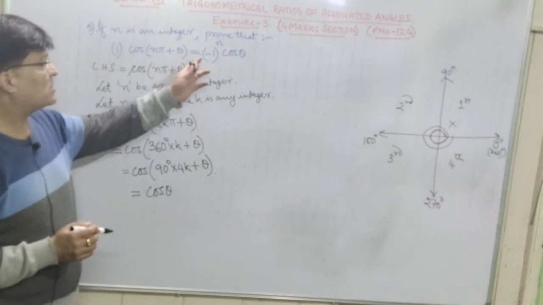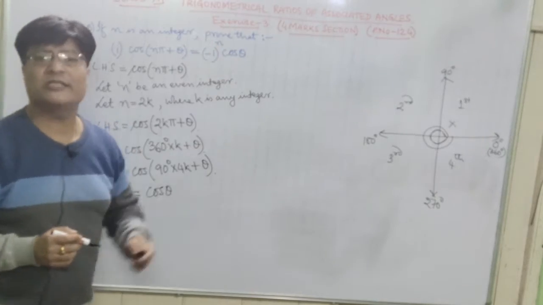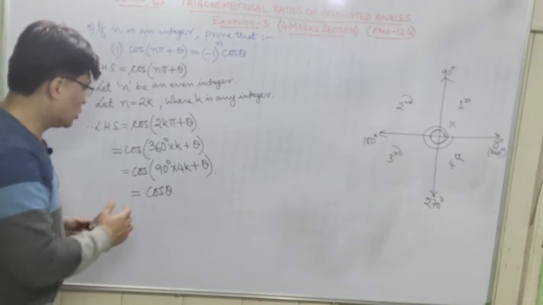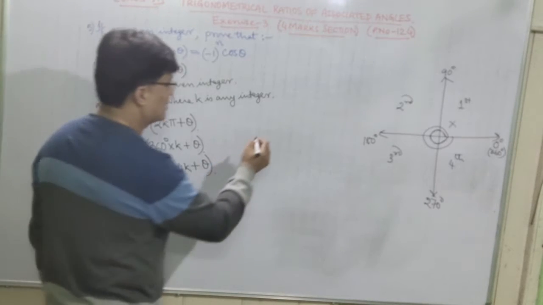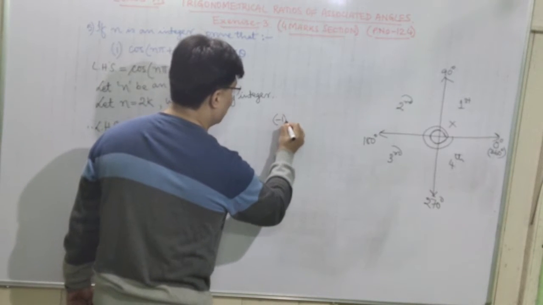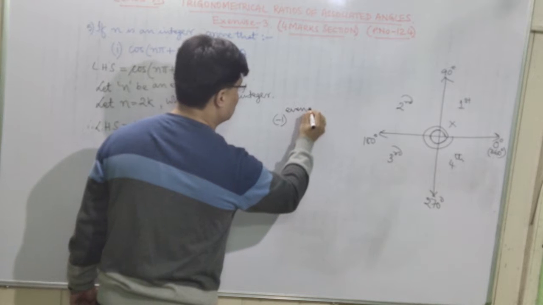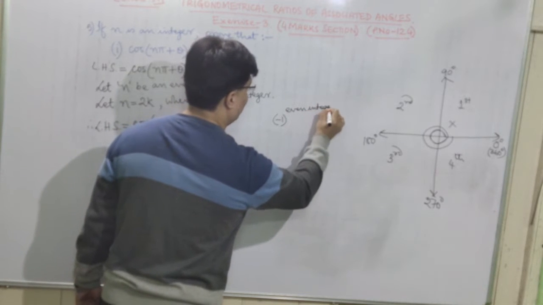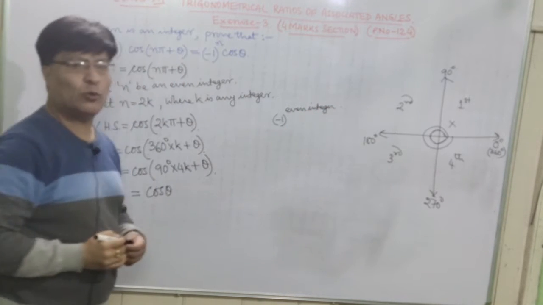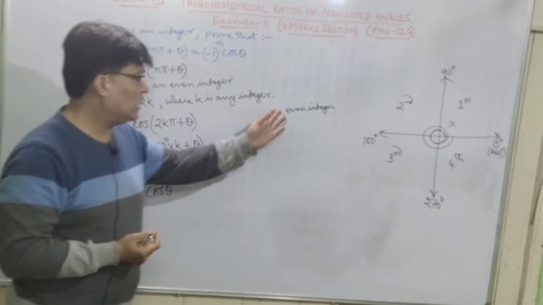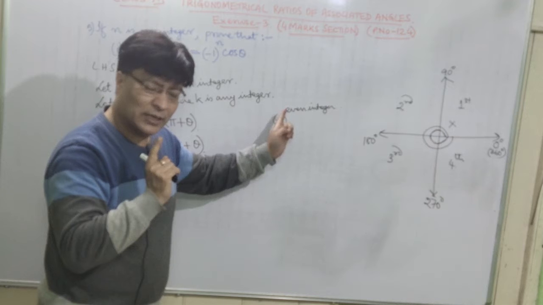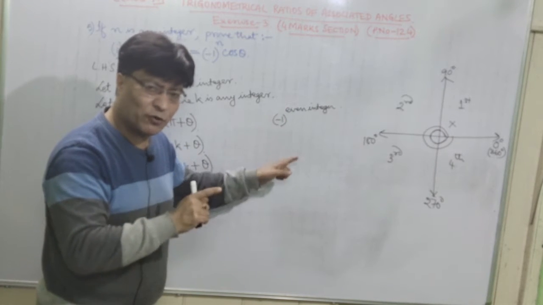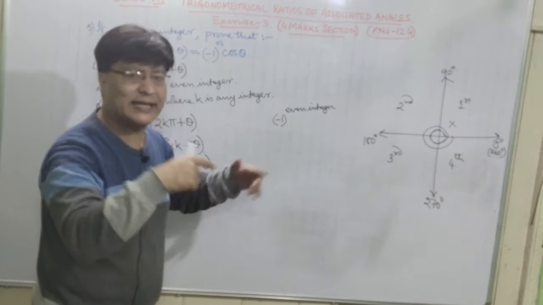But you have to write down the answer in terms of (-1)^n cos θ. Before cos θ there is a positive sign. You know that if you write minus 1 whole to the power of an even integer, the even integer may be 2, 4, 6, 8, 10 and so on.